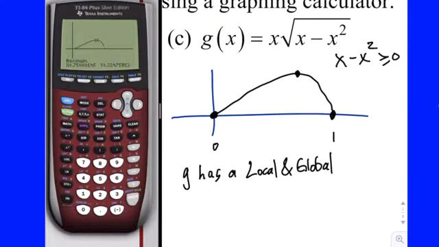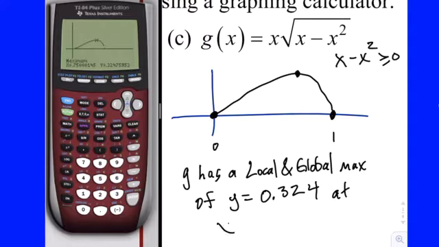So local and global max of y equals 0.324. Now, is that your calculator's way of trying to say, I'm actually 0.3? No, there's enough variety of numbers there that you're like, okay, it's 0.324. And it'll be at x equals what?